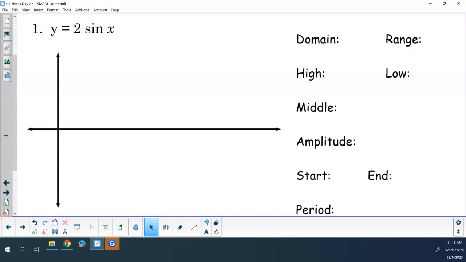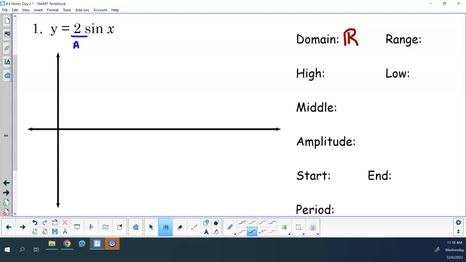So our graph is y equals 2 sine of x. So that tells me that my A value is 2. Everything else is going to stay the same. So my domain is going to be all real numbers. That hasn't changed.